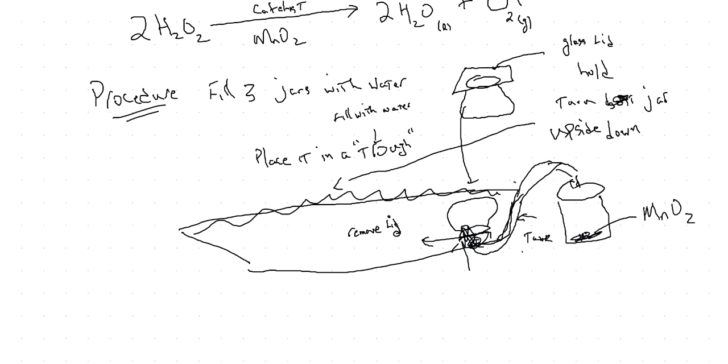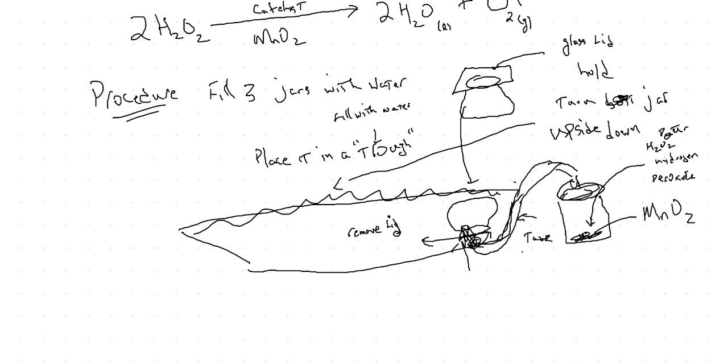And in that, we're going to pour our hydrogen peroxide, H2O2, inside there. And then we put the lid back on. We put this cover back on after we pour the hydrogen peroxide.